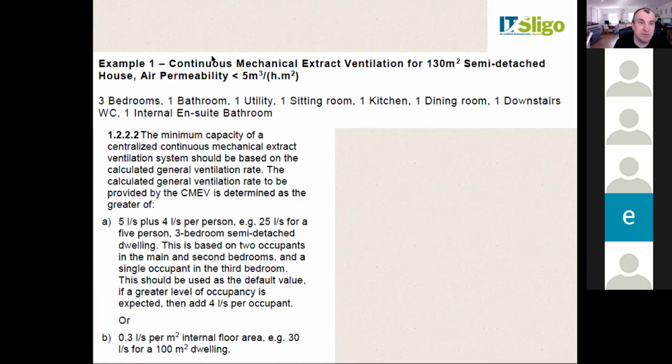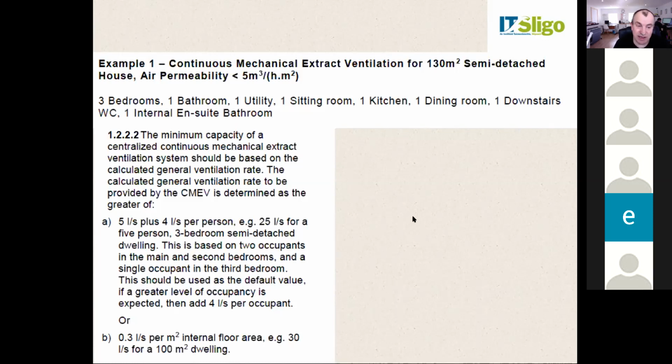If we have a 3-bedroomed house, the way that it's worked out is that you have 2 people in the 1st bedroom, 2 people in the 2nd bedroom, and 1 person in the 3rd bedroom. So that means there are 5 people in the house.